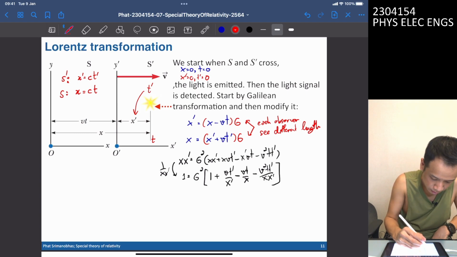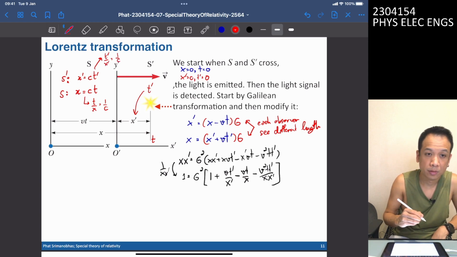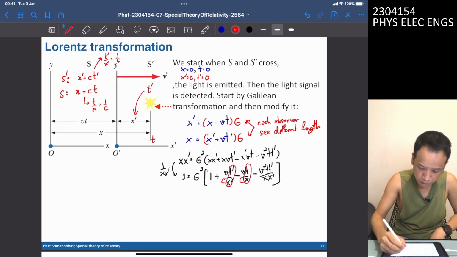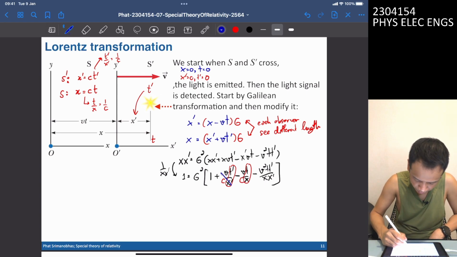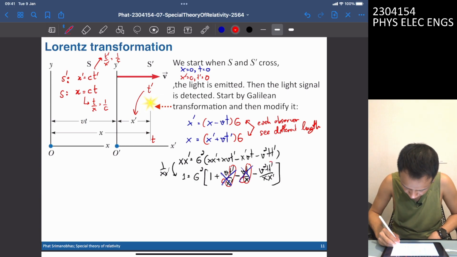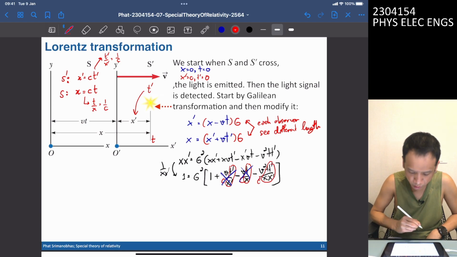So what you get is that t over x is 1 over c, and this is the same for S prime, t prime over x prime is 1 over c. So the terms cancel, and this term becomes c squared.